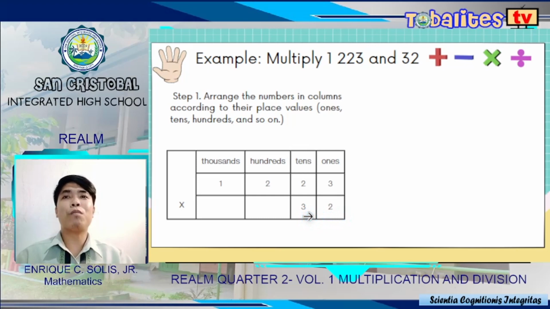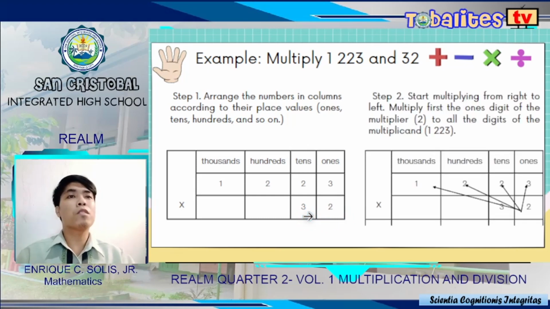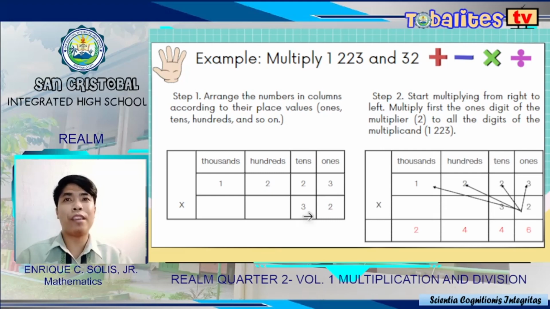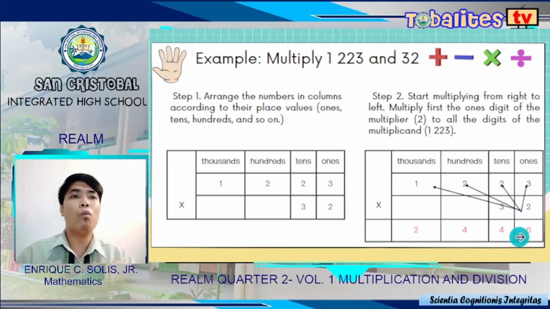The next step that we are going to do is to start multiplying from right to left. Multiply first the ones digit of the multiplier, which is 2, to the digits of the multiplicand, or 1,223. So multiply 2 by 3. Since we are multiplying the ones digit, you are going to write the product under the column of ones.